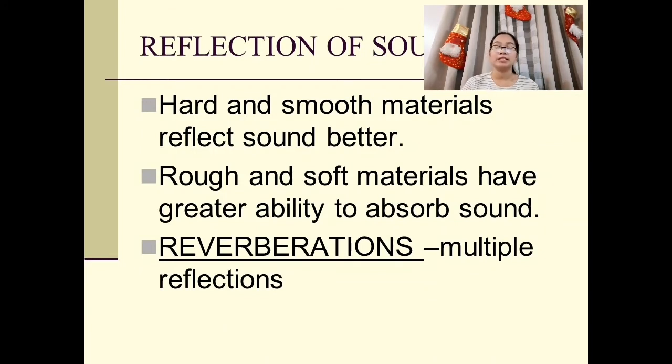But in cinemas, we don't want to have more echoes. When you watch, too many echoes will somehow distract us. So for movie theaters, they are using absorbers of sound, like padded walls, okay?